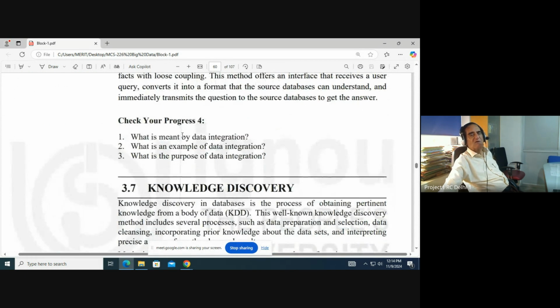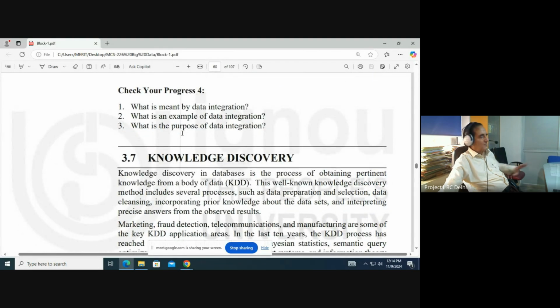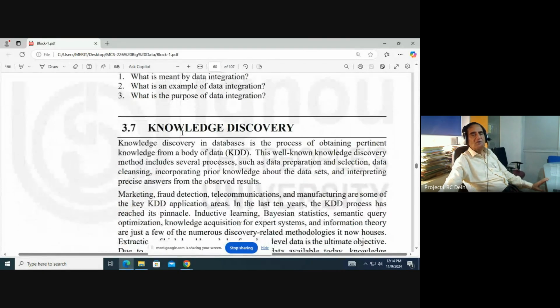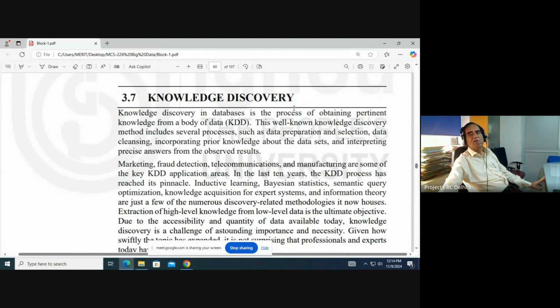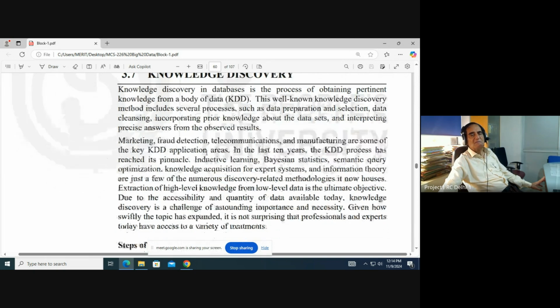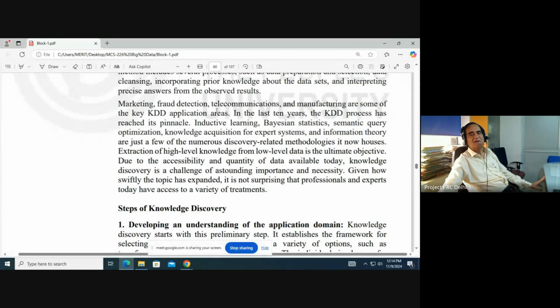So now comes the final thing, knowledge discovery. Knowledge discovery, or KDD, is obtaining knowledge. This well-known knowledge discovery method includes several processes. Marketing, fraud detection, telecommunication, and manufacturing are some of the key KDD application areas. In the last 10 years, the KDD process has reached its pinnacle.